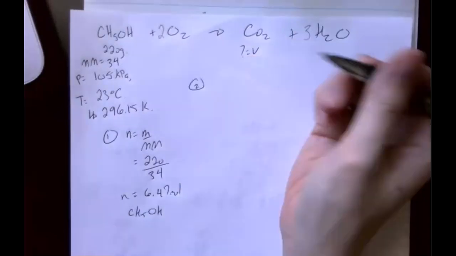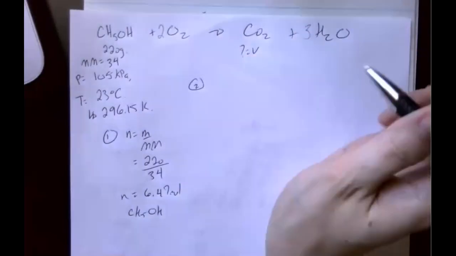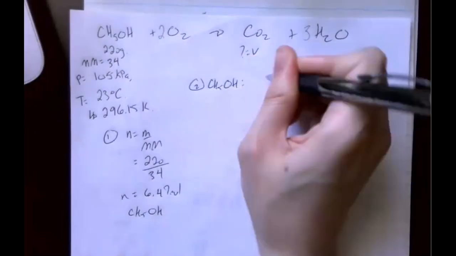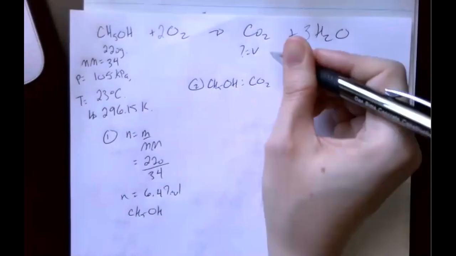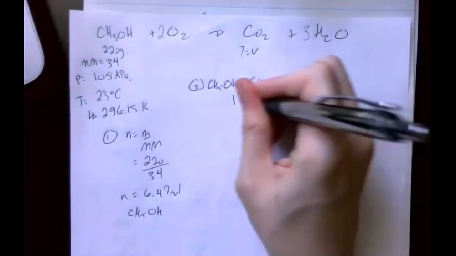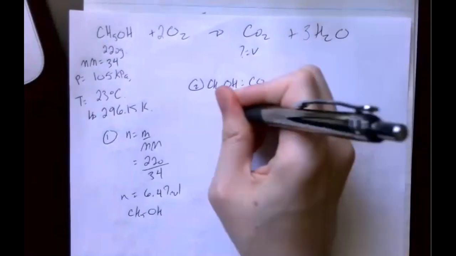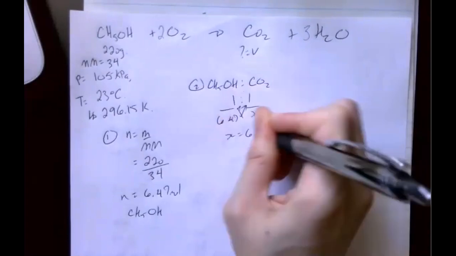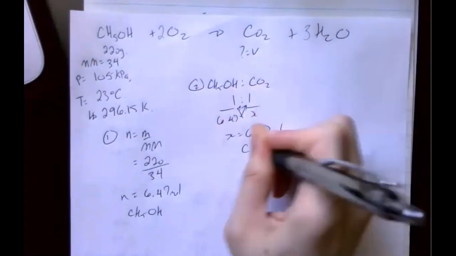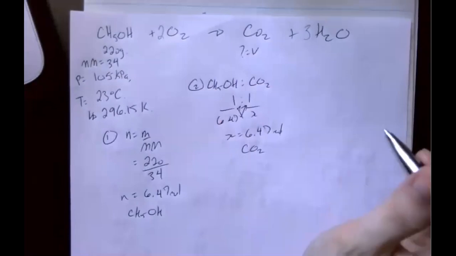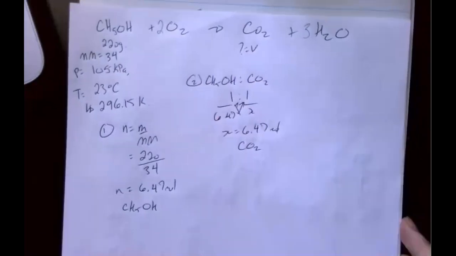Step 2, I'm going to use my mole ratio. That's like always the middle step of stoichiometry. So I'm going to go between my hydrocarbon and my carbon dioxide, since that's what it's asking me about. This is a 1-to-1 ratio, which means that I'm going to have 6.47 moles of carbon dioxide. Now, so far, everything is just like we've done on the other 2 types of stoichiometry.